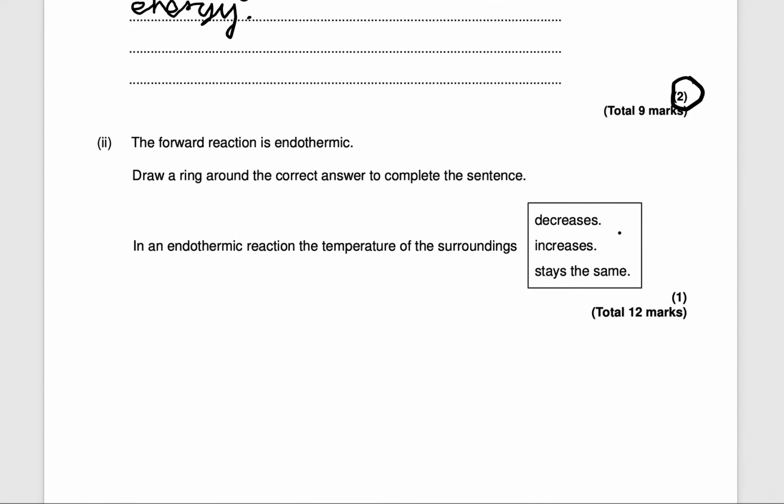The forward reaction is endothermic. Draw a ring around the correct answer to complete the sentence. In an endothermic reaction, the temperature of the surroundings what? Remember, exothermic, the temperature increases because heat is being released to the surroundings.